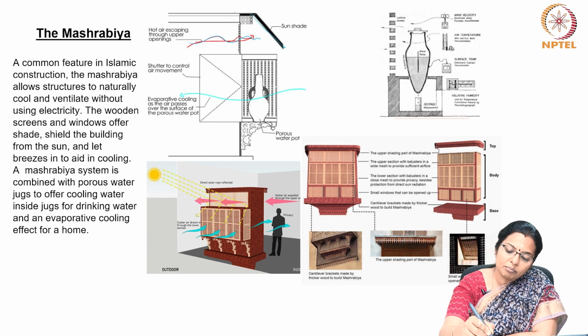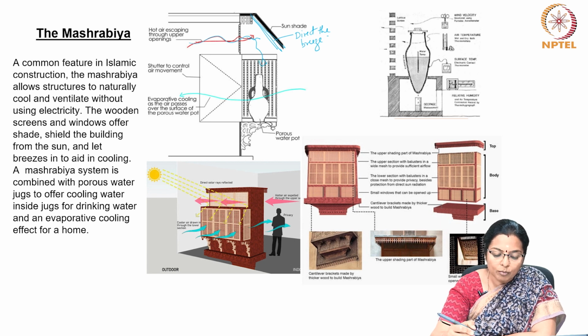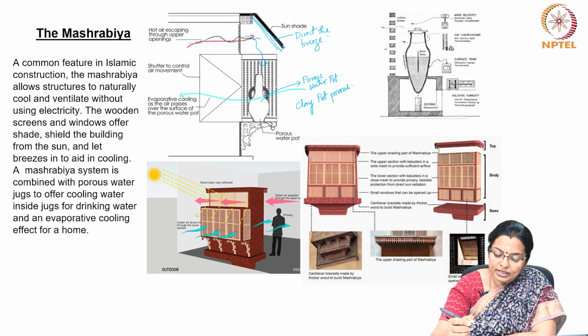It has a particular element which will direct the breeze towards the moisturizing element. And here the moisturizing element is a porous water pot. So a clay pot is kept filled with water and it is porous.